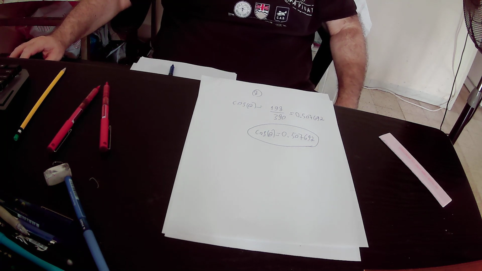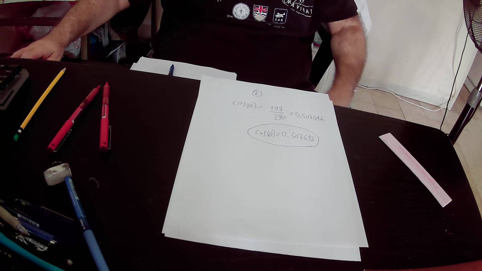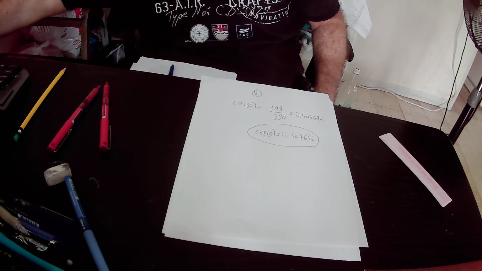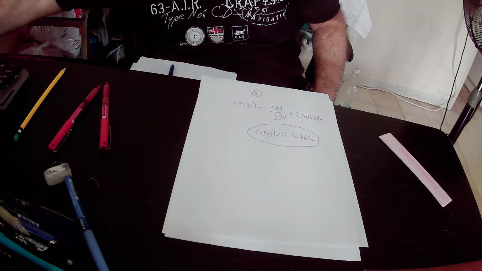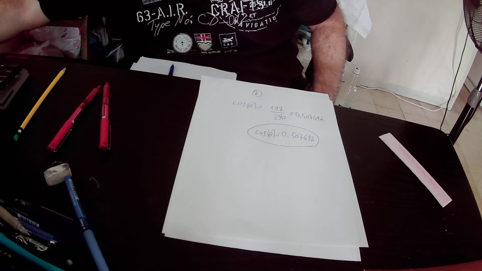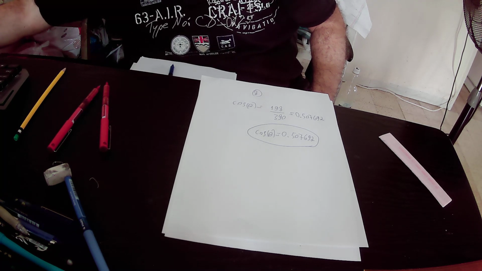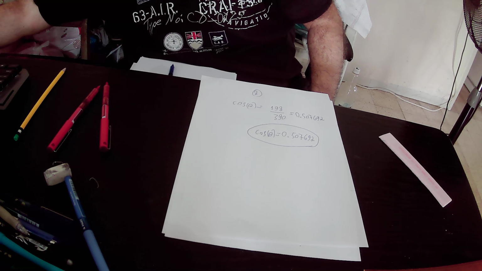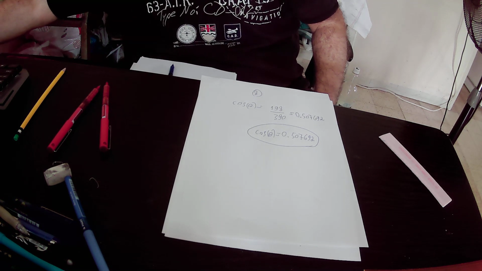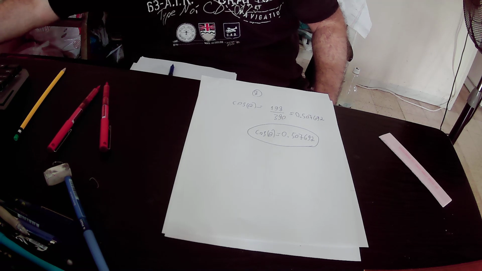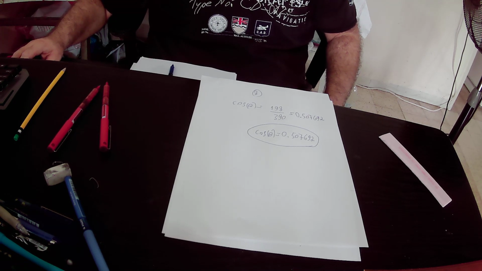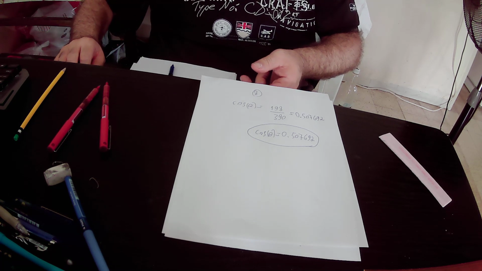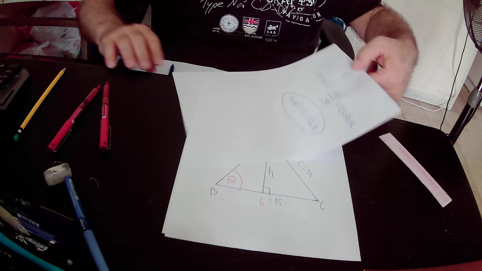So arc cosinus theta will be equal to 59.489 degrees.